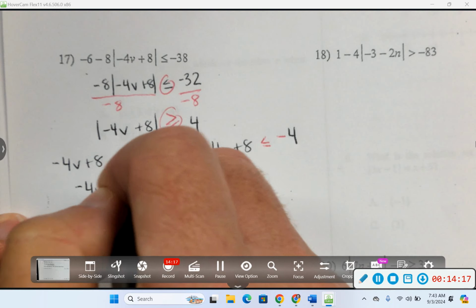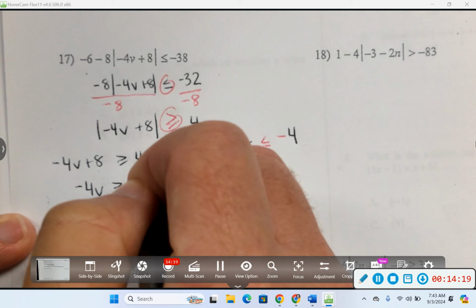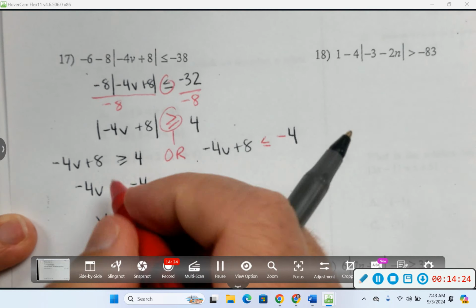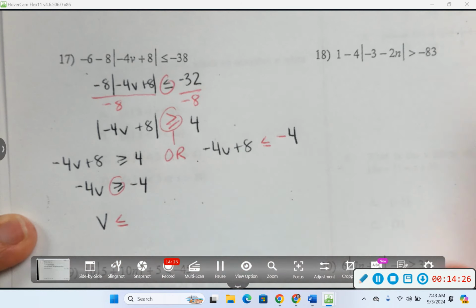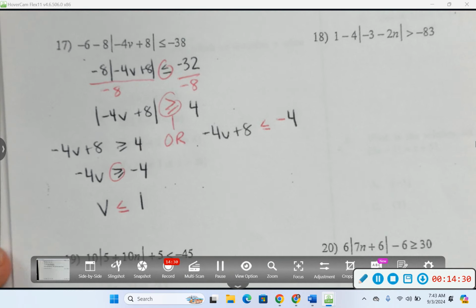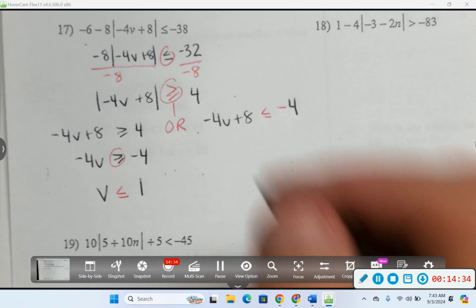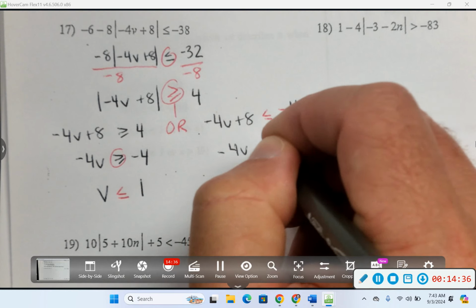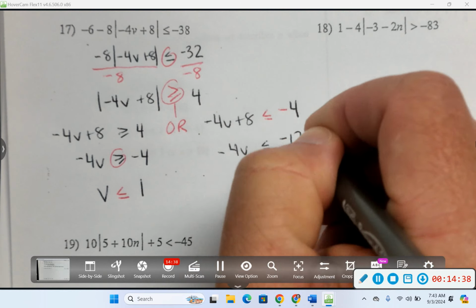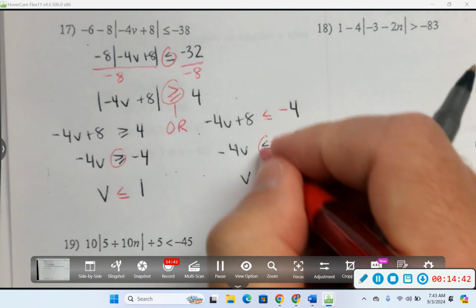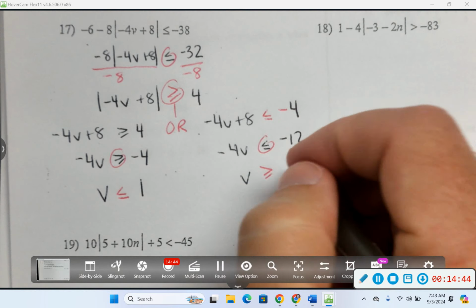So negative 4v greater than or equal to negative 4. Divide by negative 4. Switch that around. V is less than 1. And all these negatives, so switching things around. Negative 4v less than or equal to negative 12. Divide by negative 4, so switch the inequality again.